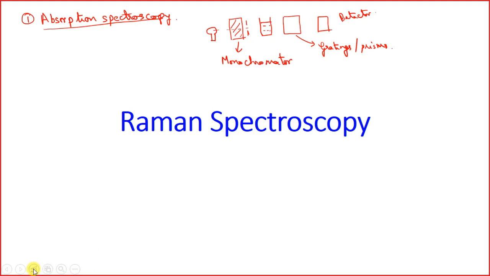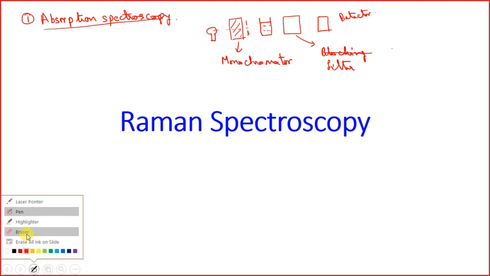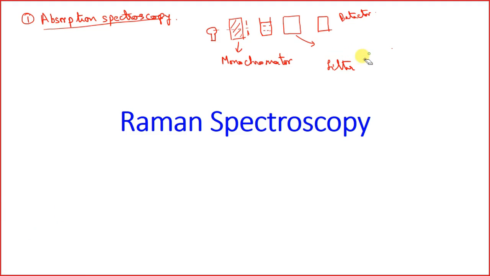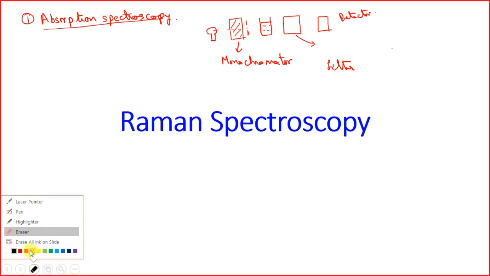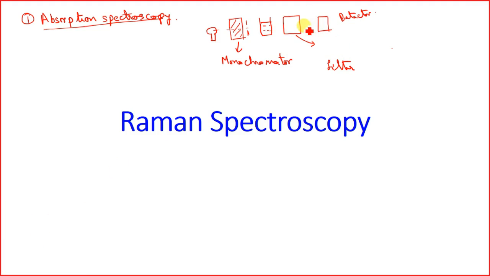This is just a blocking filter, or any other filter, which helps us in conditioning the absorbed light, and then it gets into the detector.